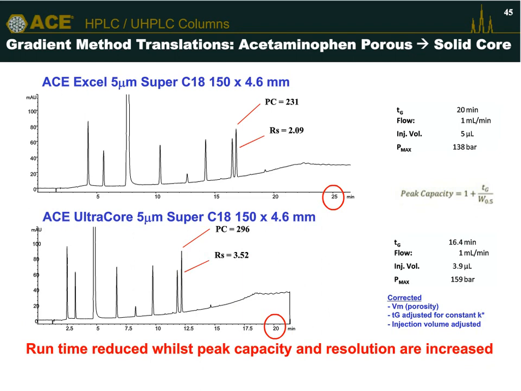And here we can see that separation, and we've used the advantage of the solid core technology to give us a faster separation. We've had to adjust, of course, for the different column volume due to the solid core particles, and therefore adjust the gradient time accordingly. But you can see that the peak capacity is good and the resolution is good.